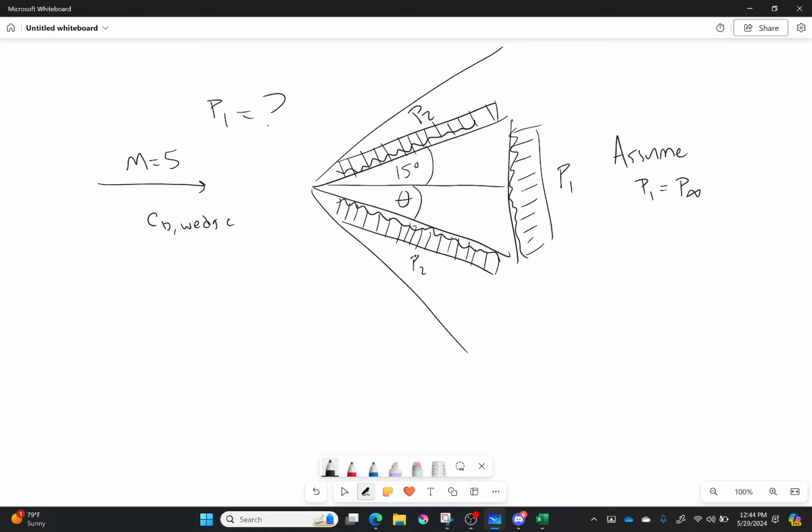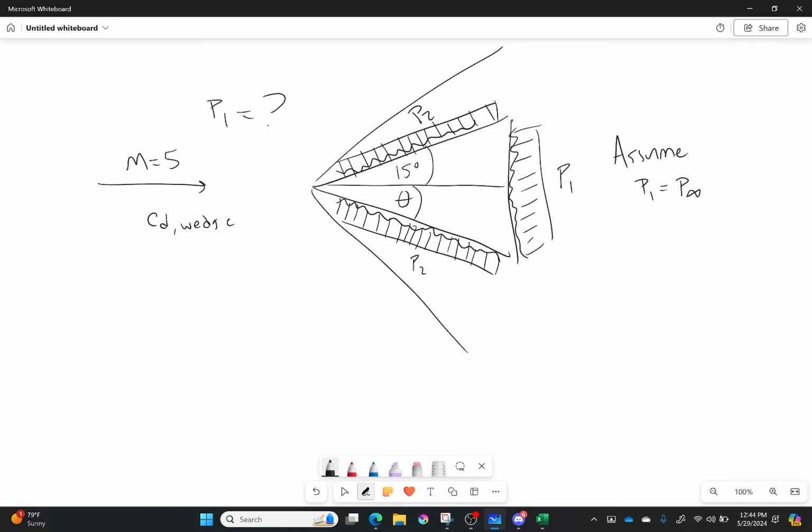So let's see here. How are we going to make this problem work for us? Well, first off, we don't have a span, so we'll have to make this per unit span. So instead of being a capital D, I'll need to make that a lowercase d because we're doing it per unit span. And that's going to have this equation.